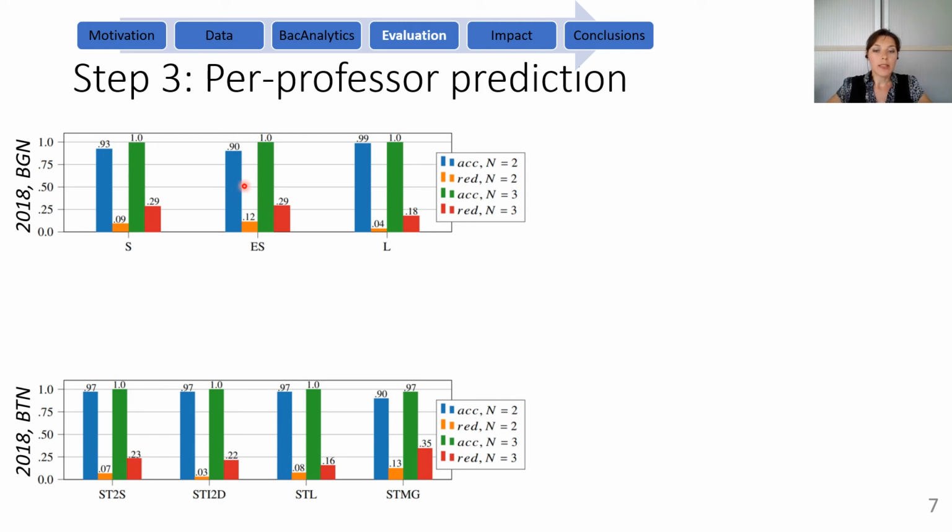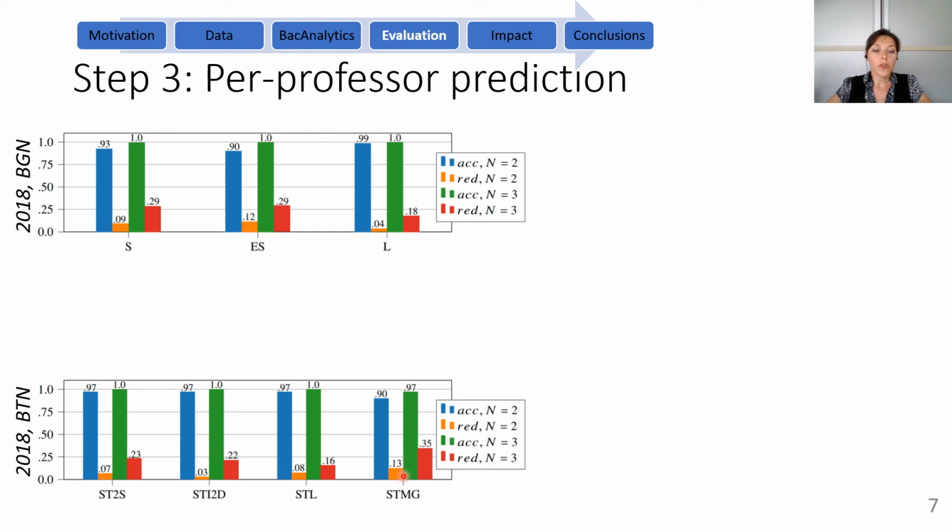That is why we also considered the second scenario, top 3 most probable predictions, when for every student we predict 3 possible choices. The accuracy in this case is in green and the redundancy is in red. We see that in this second scenario, we achieve 100% accuracy for almost all streams, except the STMG stream of technological baccalaureate, where the accuracy value is only 97%.